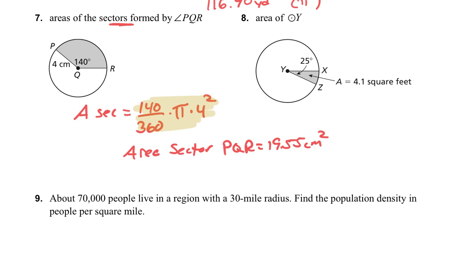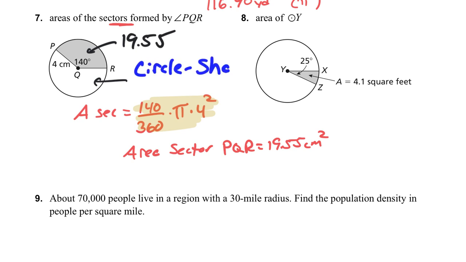Now the problem here is they said find the areas of the sectors, plural, which means now we want to find this area of this white non-shaded sector. So the gray one is 19.55. We want to find the other one. So what we do is we find the area of the circle. So we take the circle minus the shaded area, and we will get the part that's not shaded.